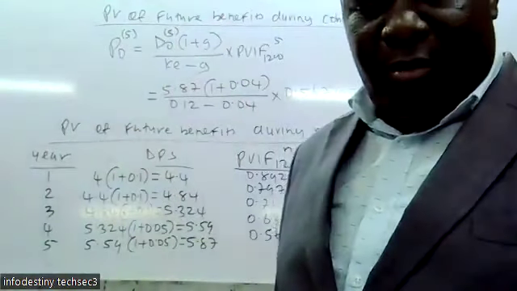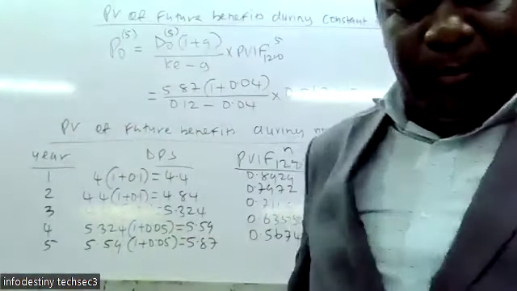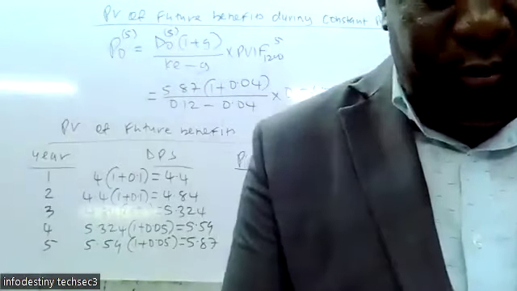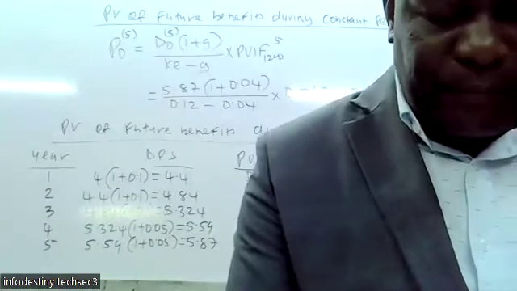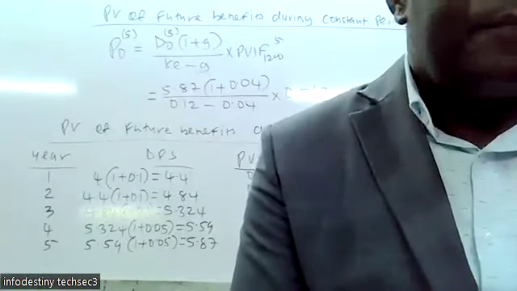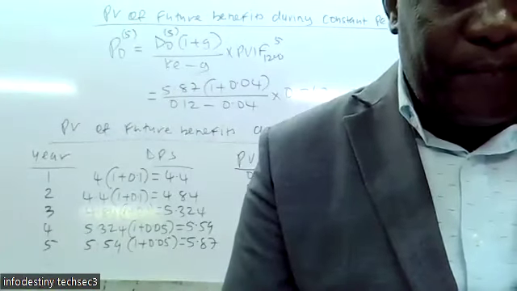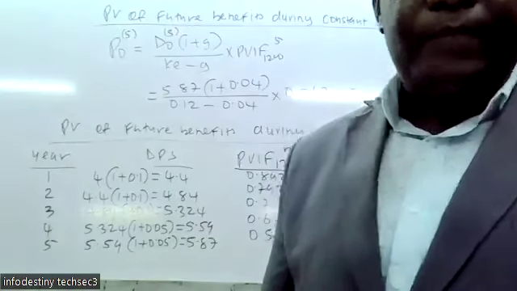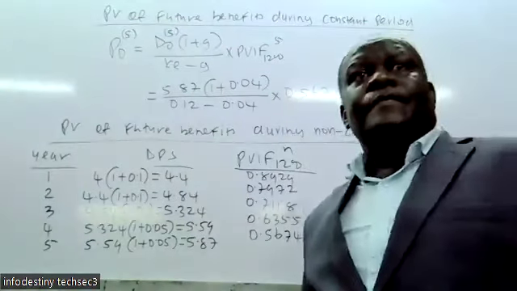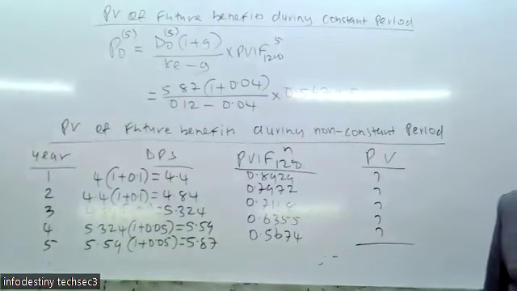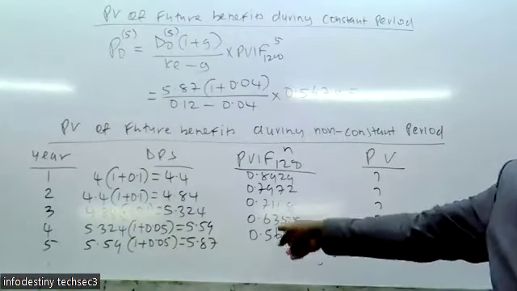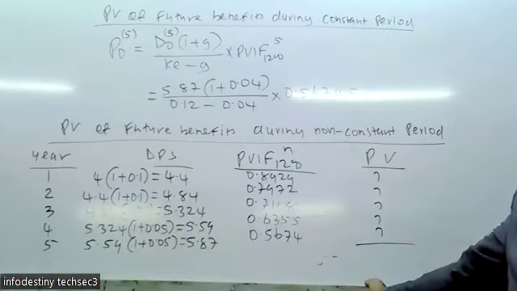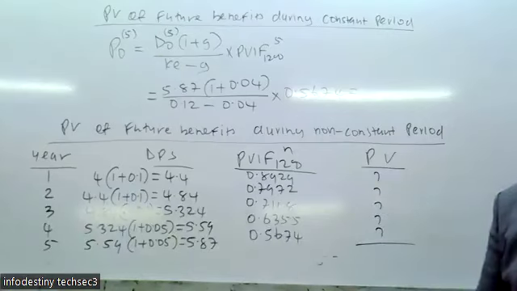So that is all when it comes to the valuation of the ordinary shares. On the difference that you're getting: first, I said you do them in 4 decimal places, then finally you round off into 2 decimal places.